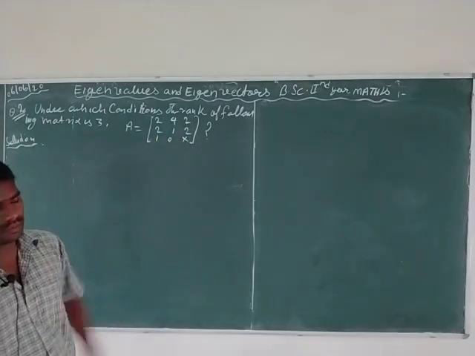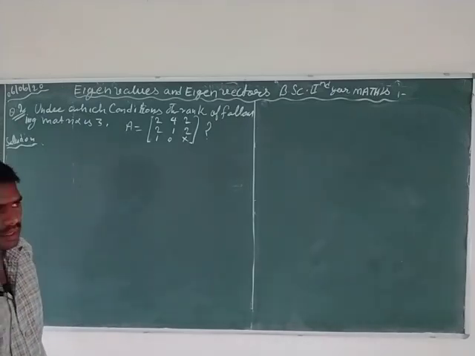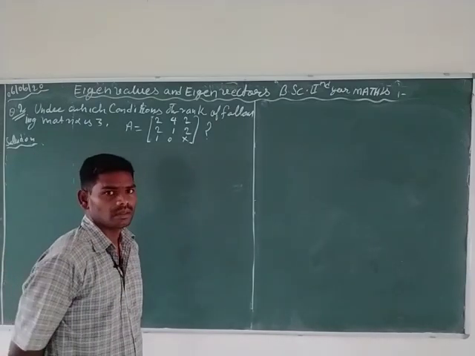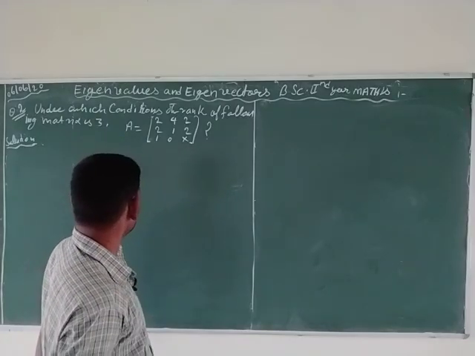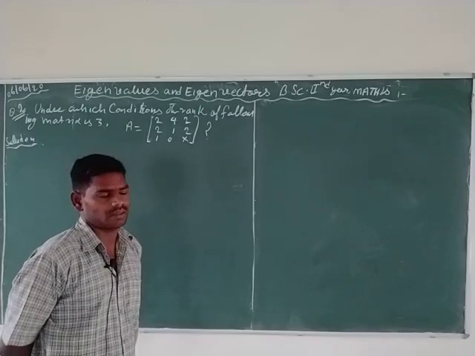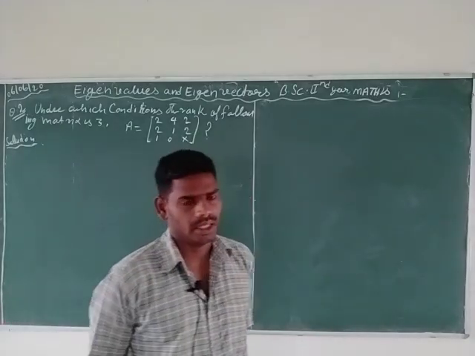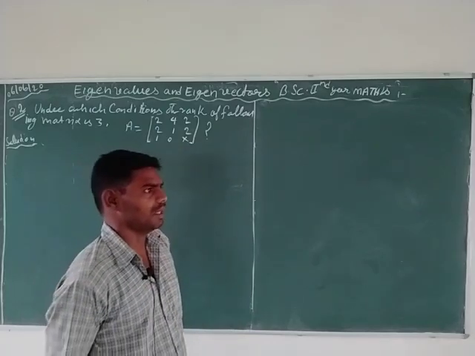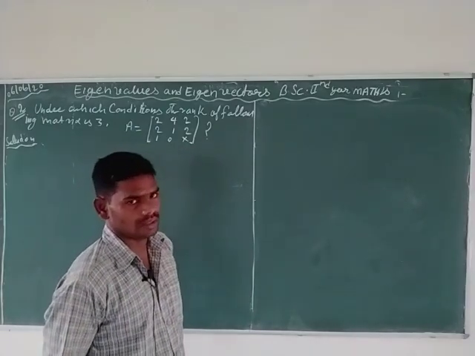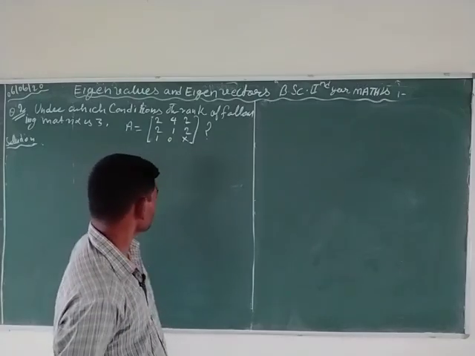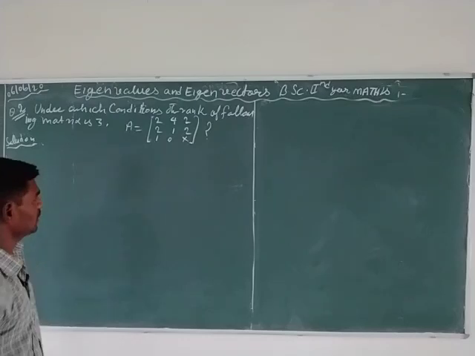In this question, we calculate the value of x where the rank of matrix A is 3. According to the rules of rank, the determinant of the given 3 by 3 matrix A should be not equal to 0. Then find the value of x in that condition.